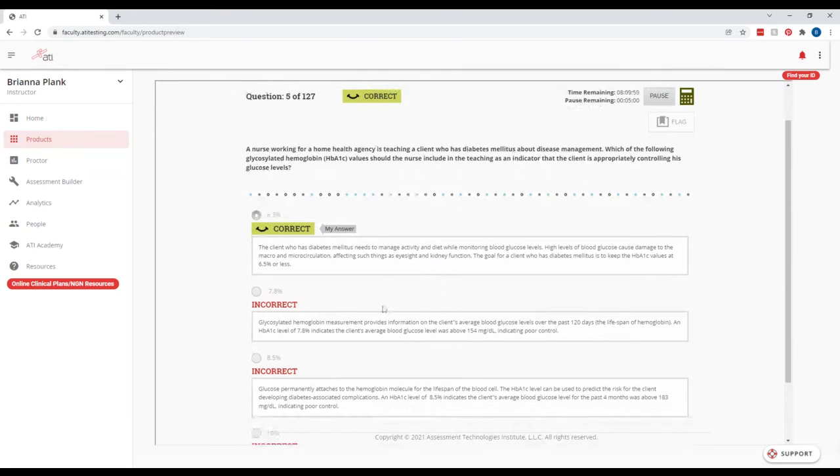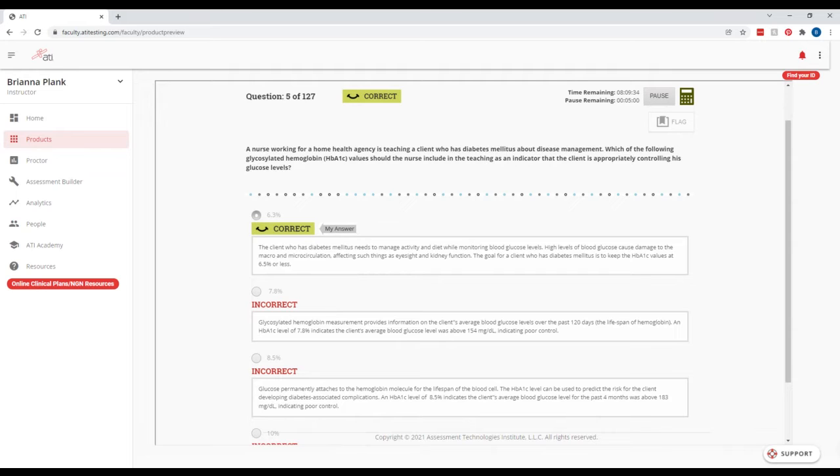So we want under 7, and really they're going for 6.5 or less. Usually, if it's under 7, we're good, but they walked it down even further. So 6.3 is in the range where we know that over time their blood sugar has been controlled.